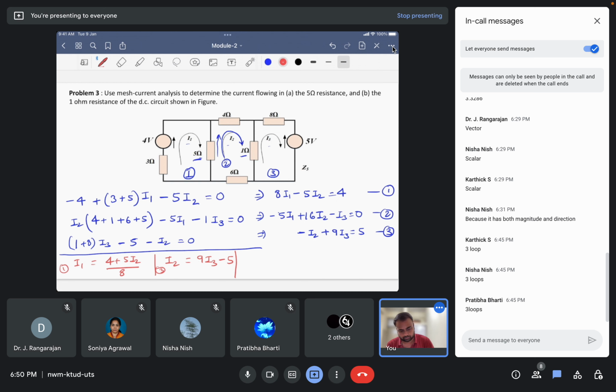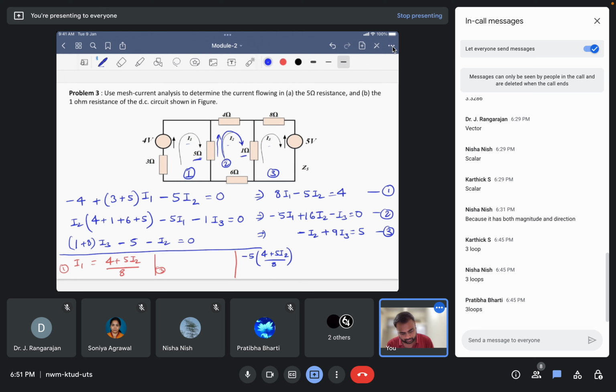So this becomes minus 5 multiplied by (4 plus 5 I2) divided by 8. Okay, and we have to substitute here I3. So let us rephrase equation number 3 in terms of I3.